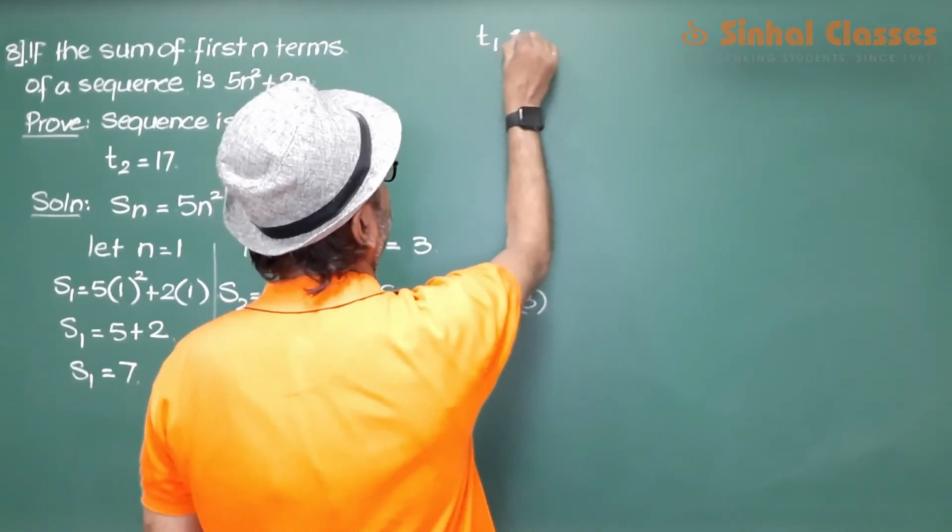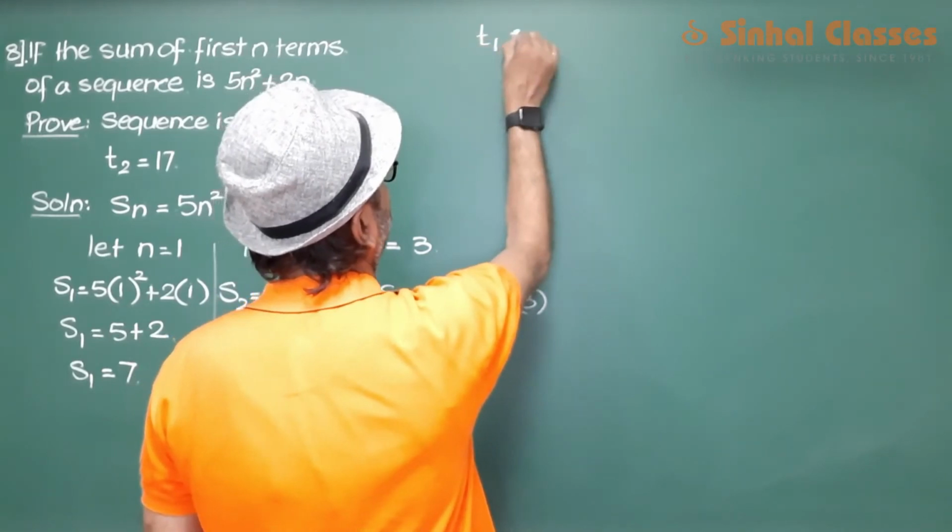Let the three terms of an AP be A minus D, A, A plus D. Then we are given that their product is 1155.